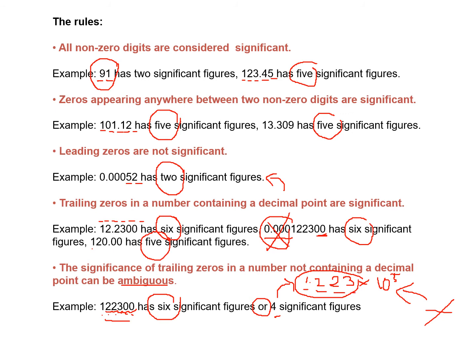So therefore we get 4 significant figures, and it will be a different thing if we write it as 1.22300. So this number will give you how many? 6 significant figures, because remember about the trailing zeros: for the decimal point we must count everything into our consideration. Therefore this one has 6 significant figures.